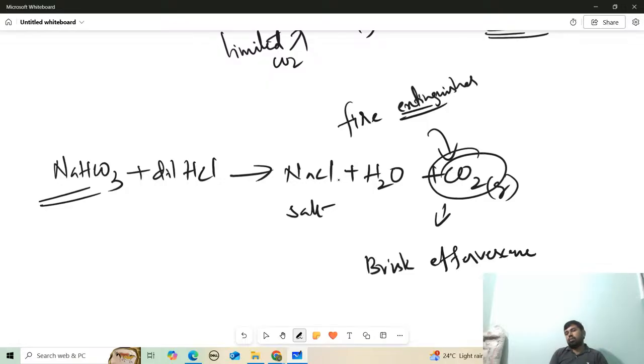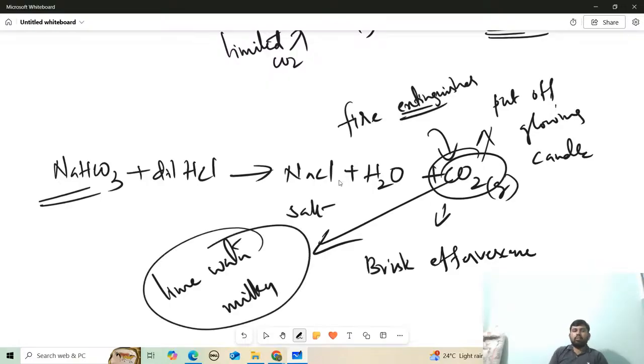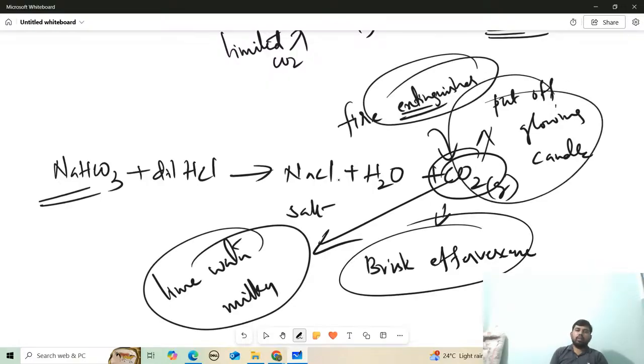It can put off the fire, put off a glowing candle. And it is a gas which turns lime water milky. These are all about CO2 gas.